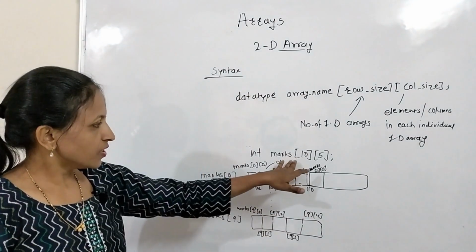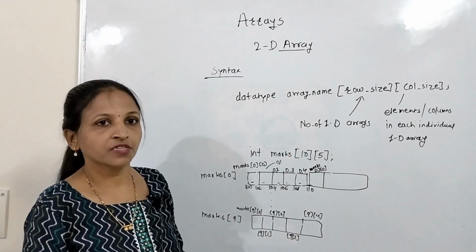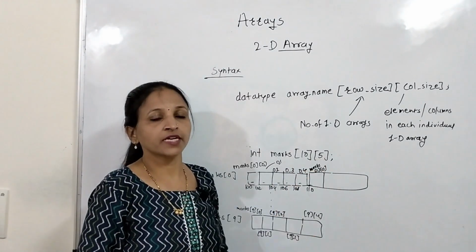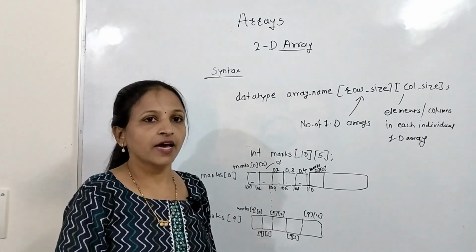Getting? Now if we have declared this type of array, a total of 50 elements it will store. 10 into 5, that is number of rows multiplied by number of columns, that is nothing but the number of elements in that two-dimensional array.